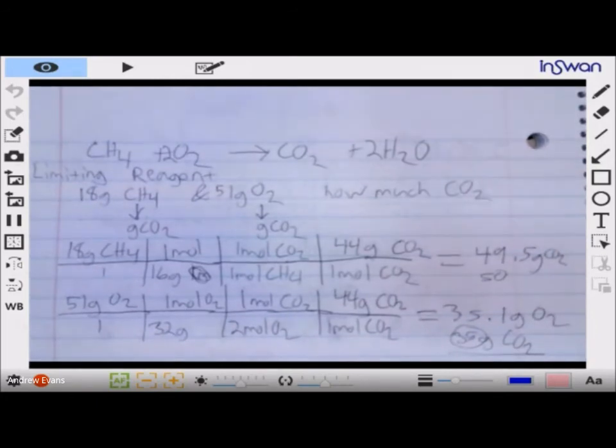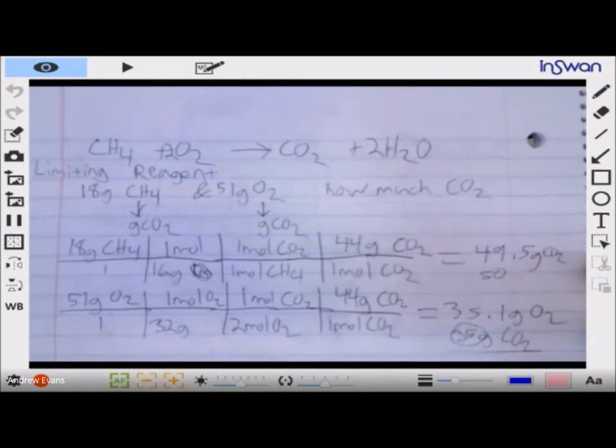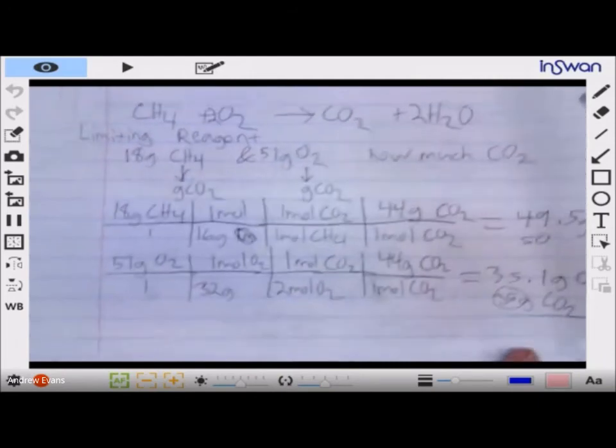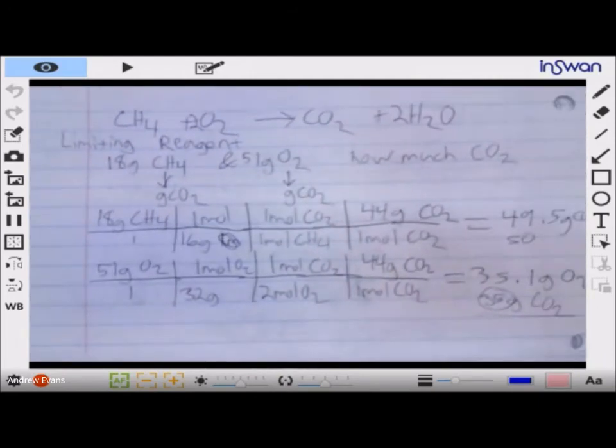35 grams of CO2 would be my answer because I choose the lower of the 2 numbers because it comes from the limiting reagent. The other aspect we will study with this is the percent yield.